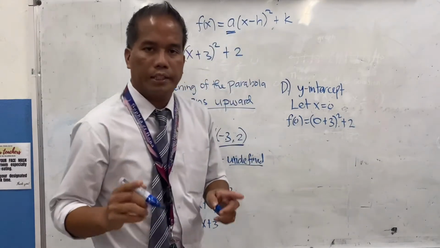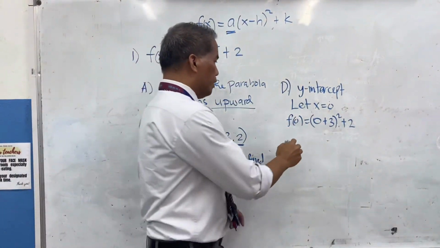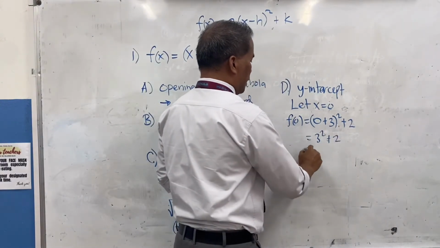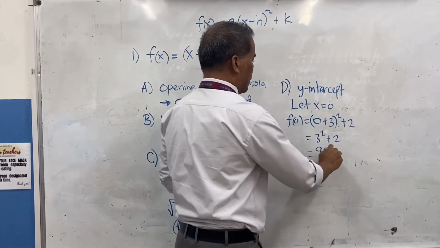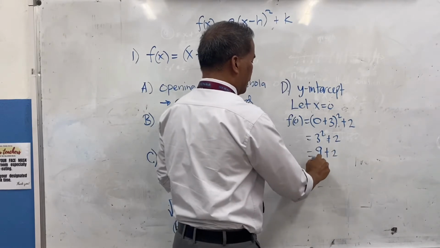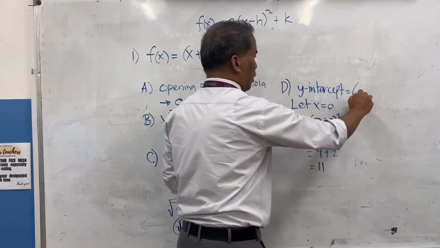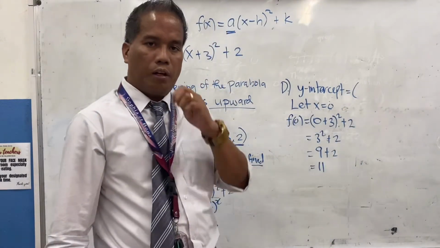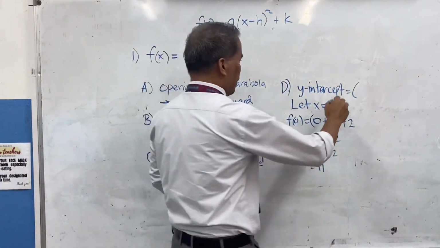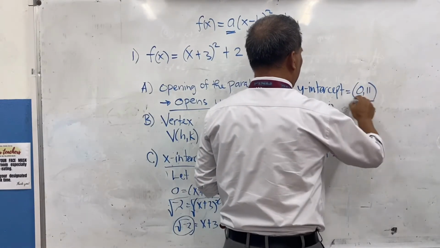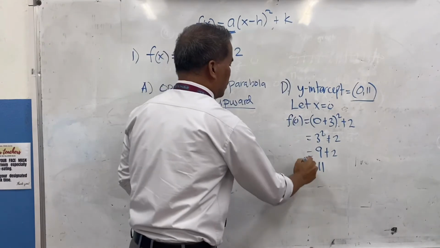So we just substitute 0 to x. So it's equals to 3 squared plus 2, then is equals to 9 plus 2. So the answer is 11. So therefore, the coordinate of the y-intercept is 0, 11. And the y-intercept is equals to 11.